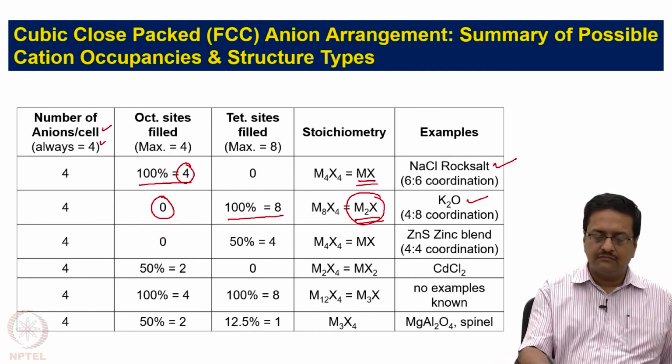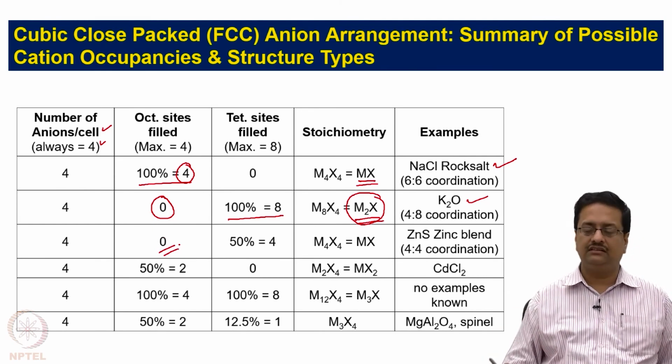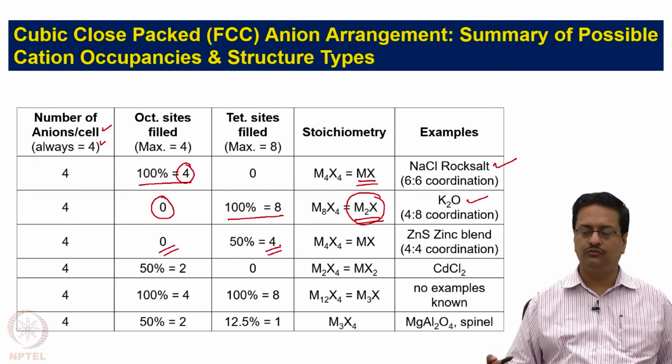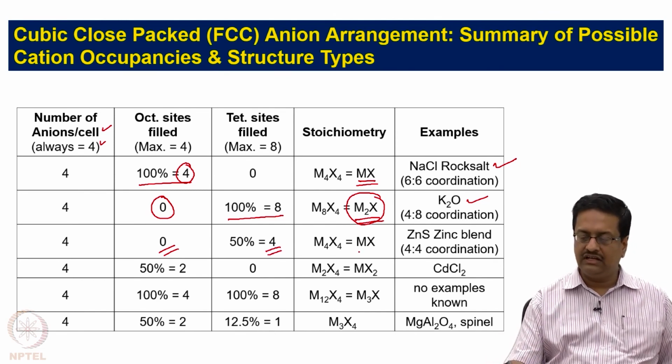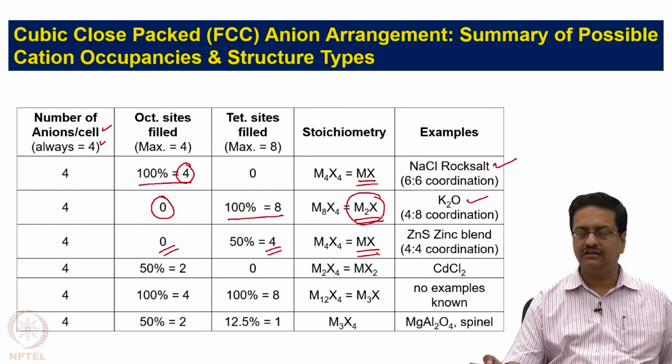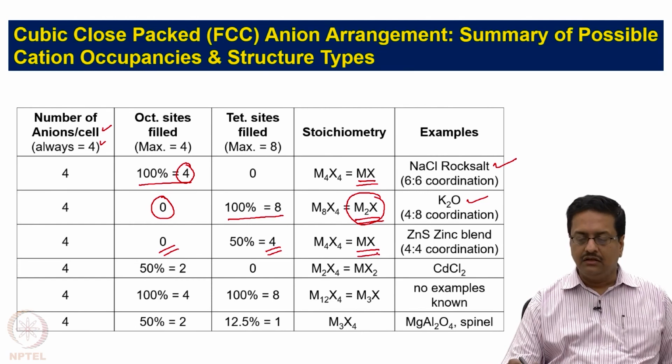In the third set, where no octahedral site is occupied and only 50% of the tetrahedral sites are occupied, once again we end up getting MX type of stoichiometry, 1:1, but here the tetrahedral interstitials are filled, and 50% of those are filled.